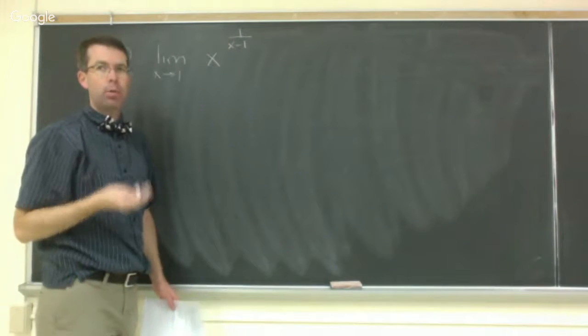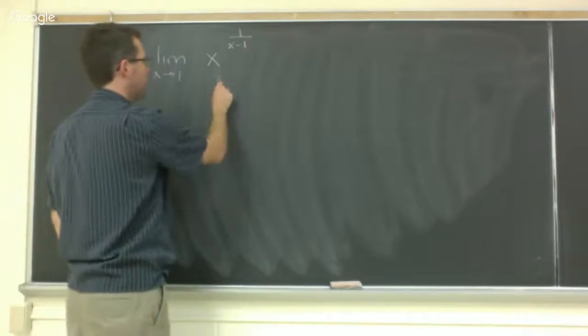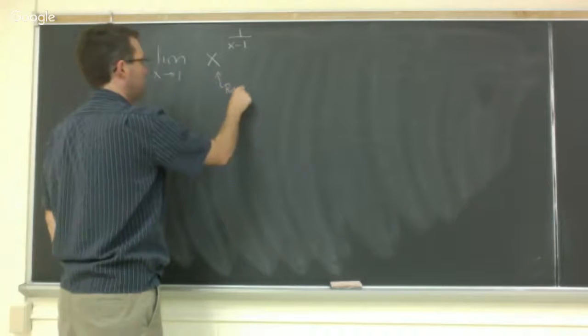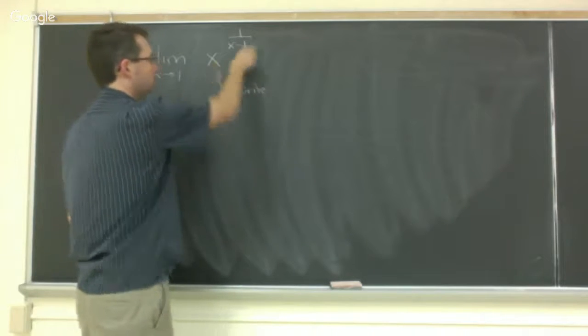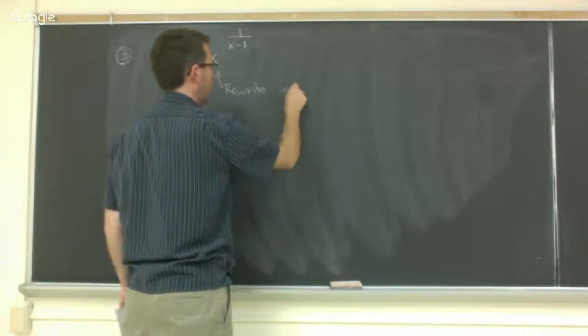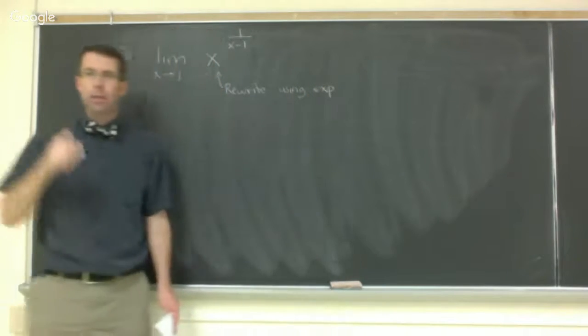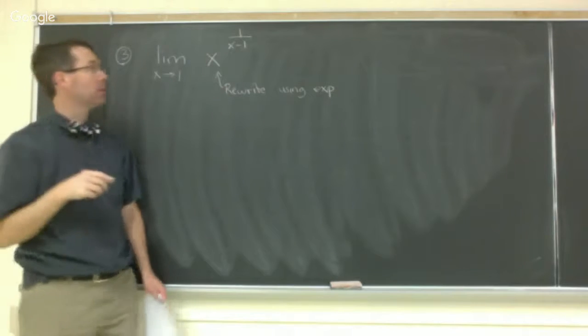So it's going to be worth our while to just check in a new form. So we're going to rewrite this power using exponentials. We're going to use the exponential function. So technically this is a composition.